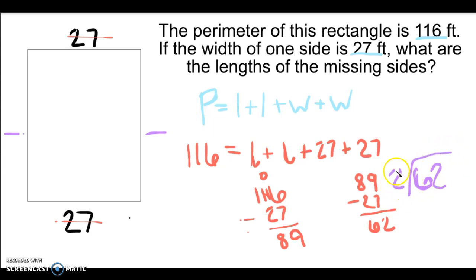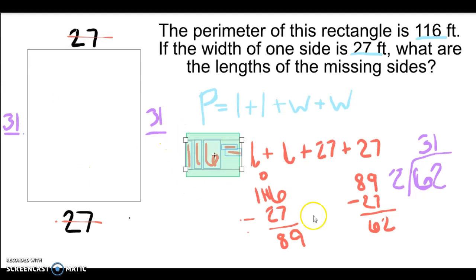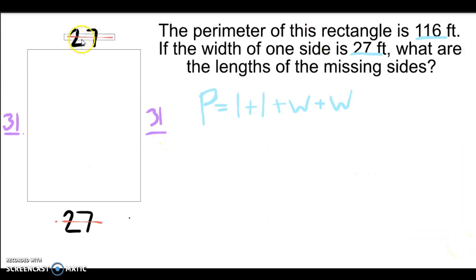All right, so if I divide this by 2, I get 31. So this side length here is 31, and this side length here is 31. Now I could go back and check my work. If I go and add these four numbers up again, they should give me 116.